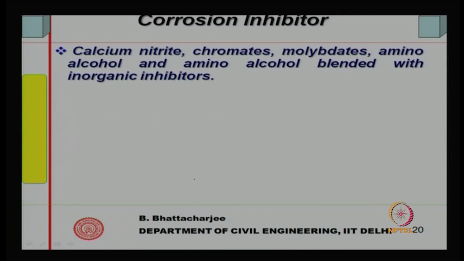How do they do it? They actually can block anodic or cathodic reactions. Examples of these are nitrite, calcium nitrite, chromates, molybdates, amino alcohol and blended with inorganic inhibitors.